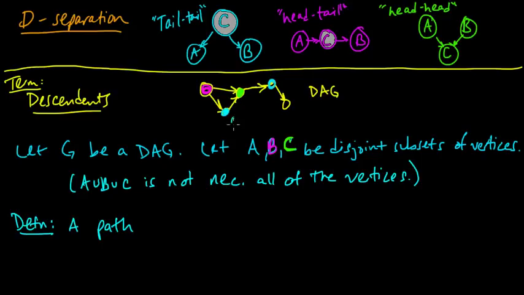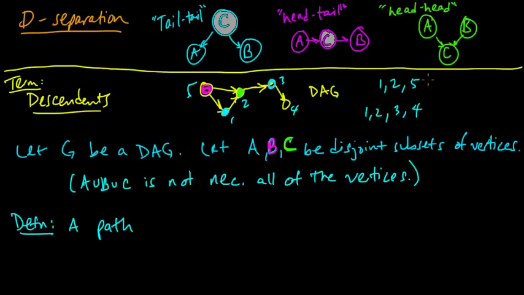So if this was vertex 1, 2, 3, 4, 5, then the sequence of vertices 1, 2, 3, 4 is a path: there's an edge between 1 and 2, not necessarily going in this direction, an edge between 2 and 3, and an edge between 3 and 4. Another path would be 1, 2, 5, because 1 to 2 has an edge and 2 to 5 has an edge.